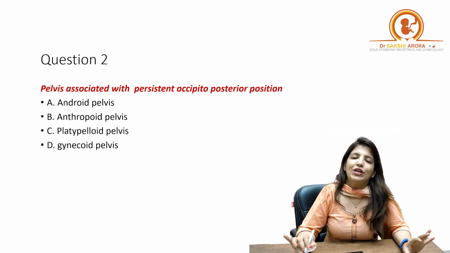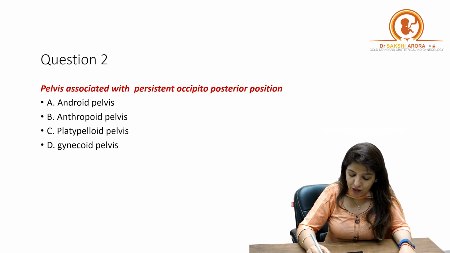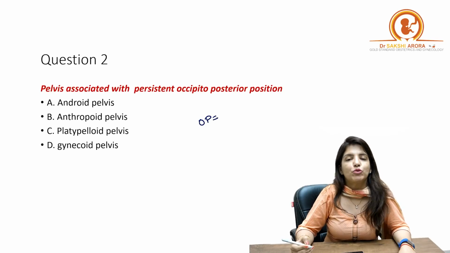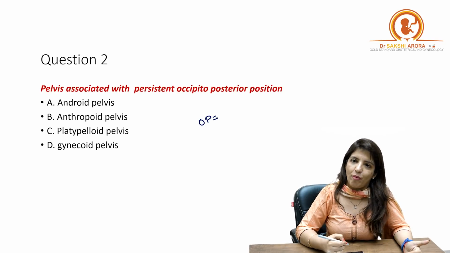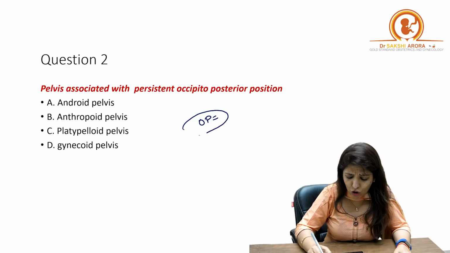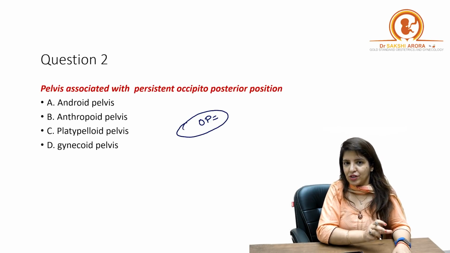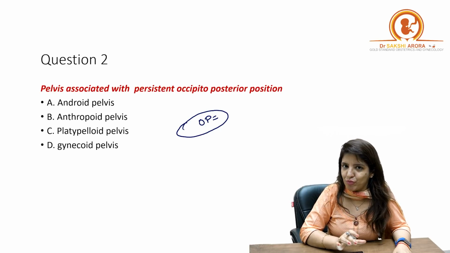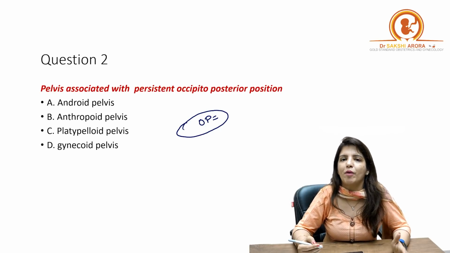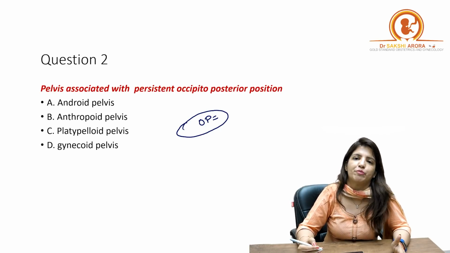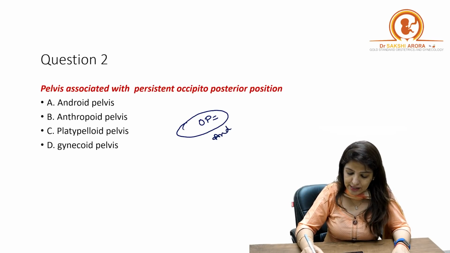So I have very often told you that if you are getting simply occipito-posterior position, there is no prefix attached to it, just occipito-posterior position, then remember that the most common pelvis which is associated with occipito-posterior position is android pelvis, right?